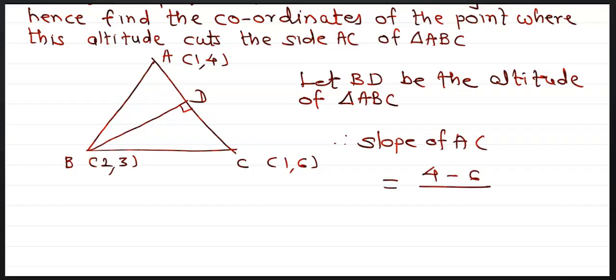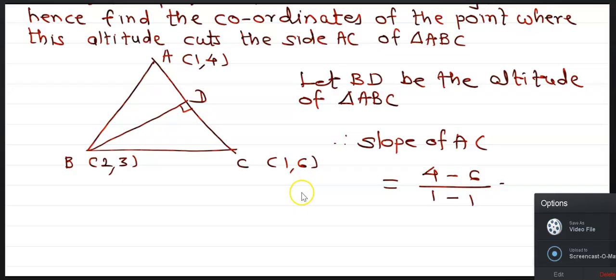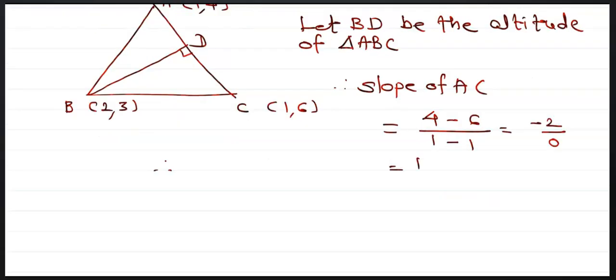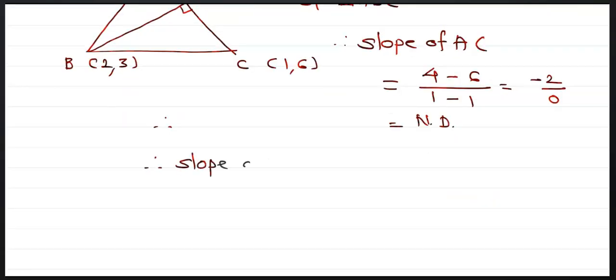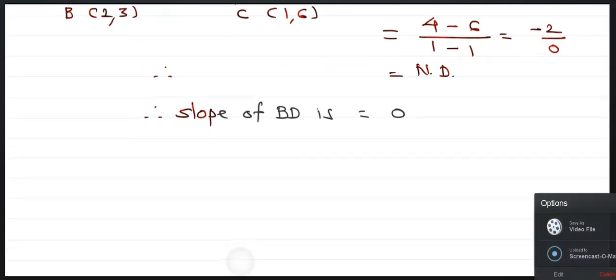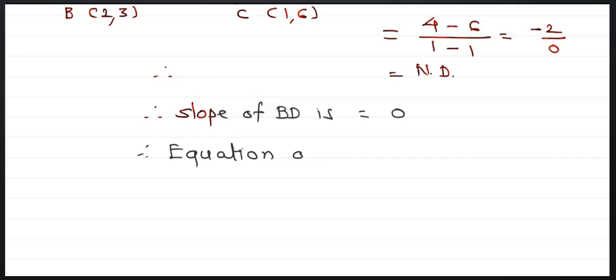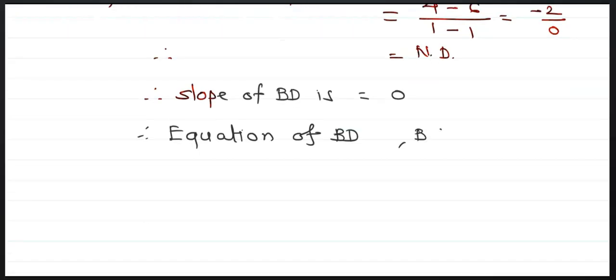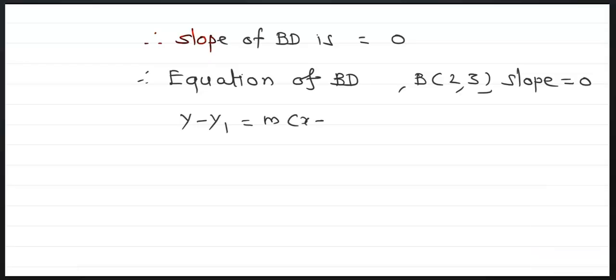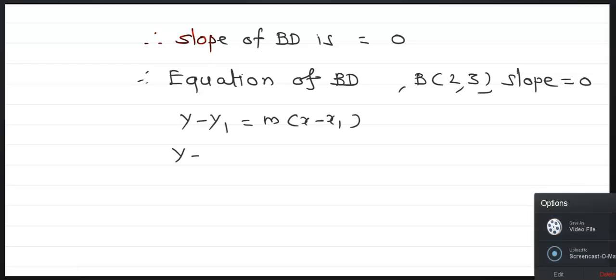Slope of AC is (4 minus 6) upon (1 minus 1), that is minus 2 upon 0, which is not defined. Therefore, slope of BD is 0. Equation of BD: B is (2, 3) and the slope is 0. Therefore, y minus y1 is equal to m times (x minus x1).